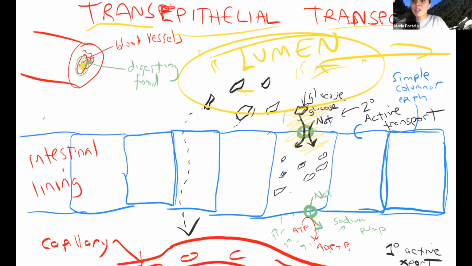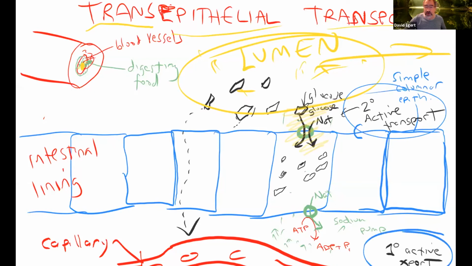One question, Professor. This is as a result of the gradient created by the pump. Exactly. So this secondary active transport would not work if we didn't have this primary active transport creating the gradient in the first place. So they're related that way.